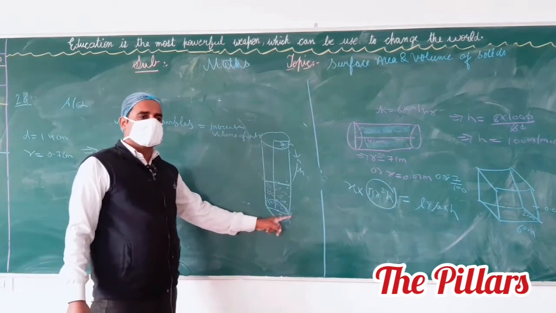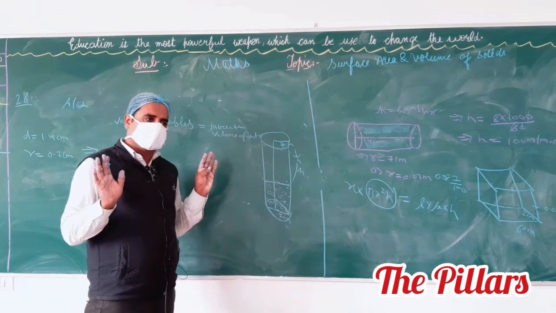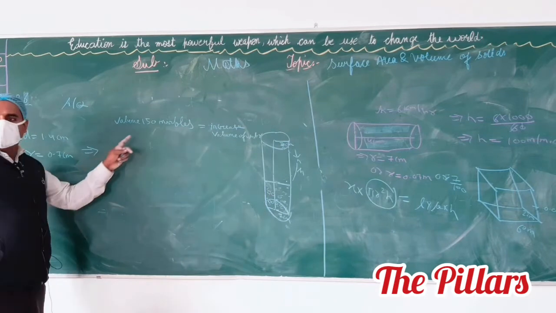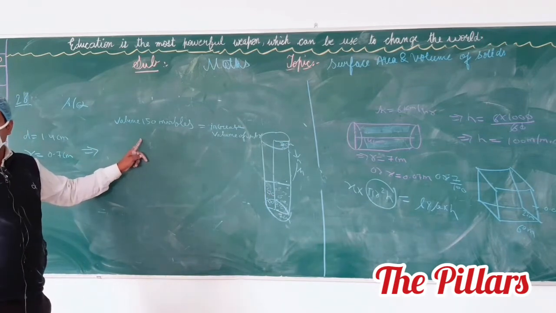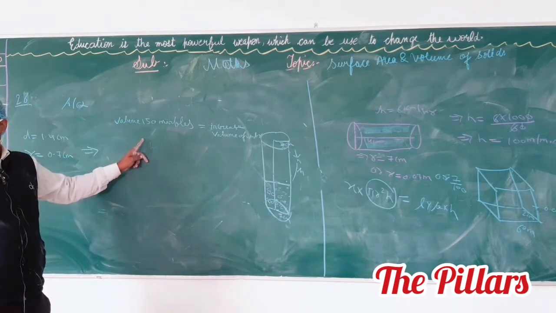This radius is also in centimeter, which means we don't convert the quantity. Volume of 150 marbles means volume of spheres.